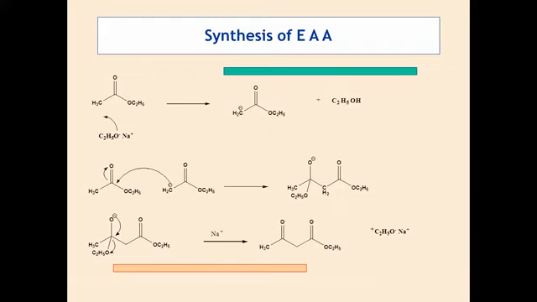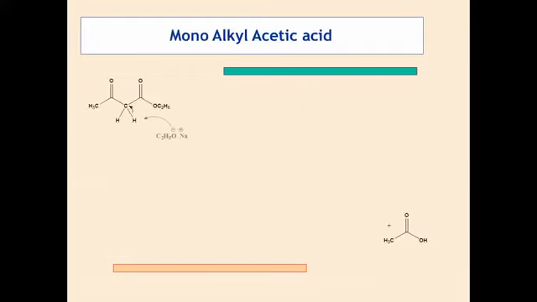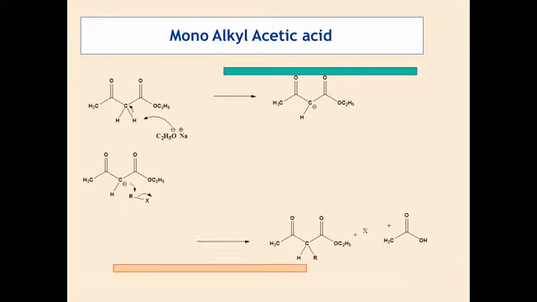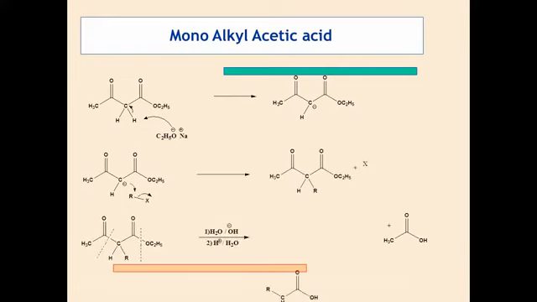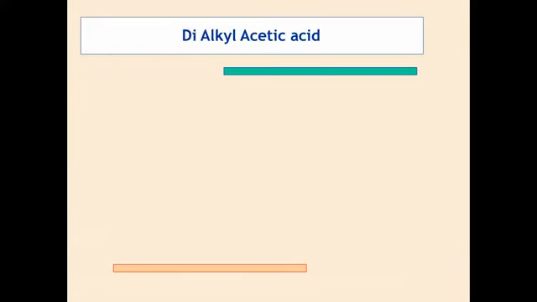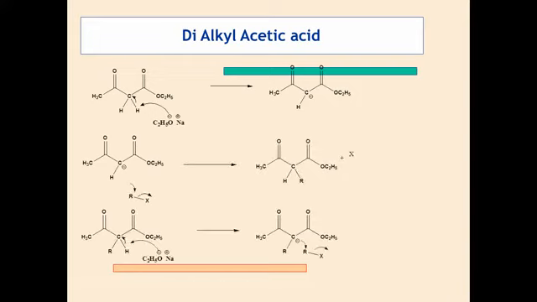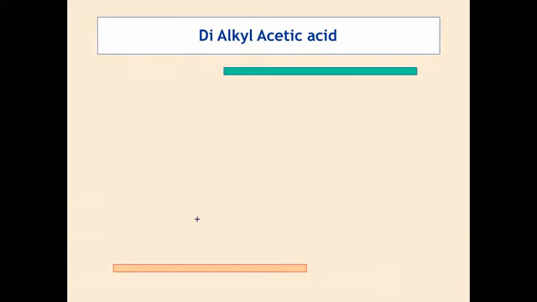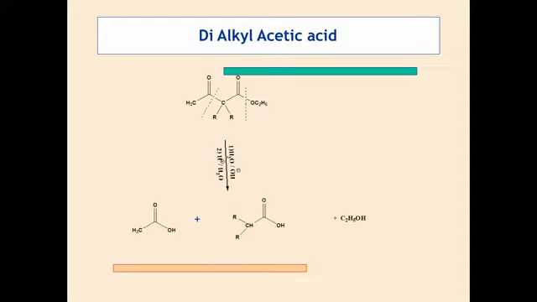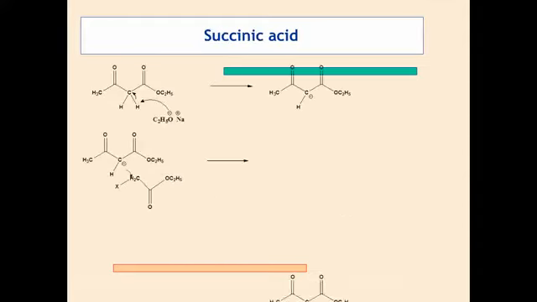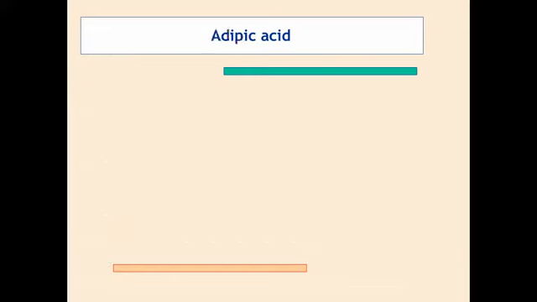Second is the synthesis of monoalkyl acetic acid. This is the first application, already discussed. Second application is the synthesis of dialkyl acetic acid, which we have also explained. Third is its hydrolysis, succinic acid, which we have discussed.